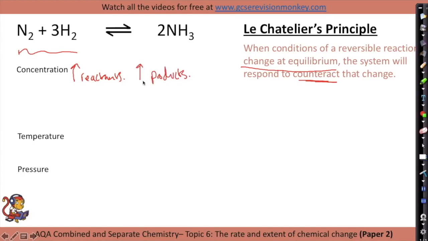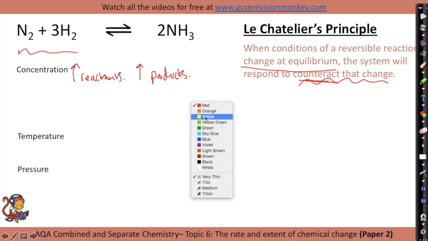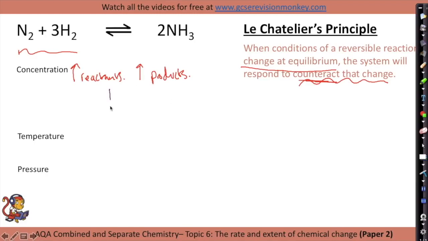And what this is essentially doing is counteracting that initial change, because it means that in the long run, there are going to be less reactants again. So if we increase the concentration of nitrogen and hydrogen, that system is going to react by producing more ammonia, and in doing so it will decrease the concentration of the reactants again.